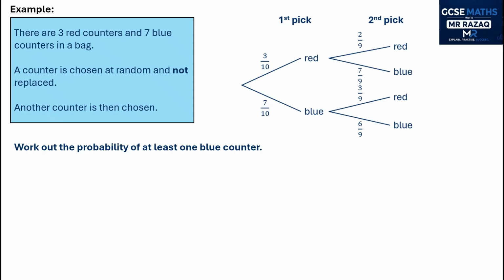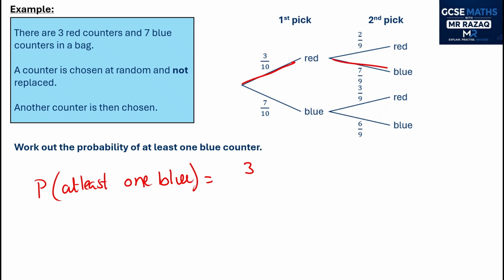Let's look at a different question. It says, work out the probability of at least 1 blue counter. So the probability of at least 1 blue is equal to, if in the first pick it's red, then in the second pick it must be a blue.